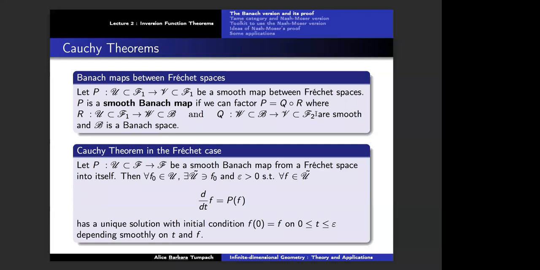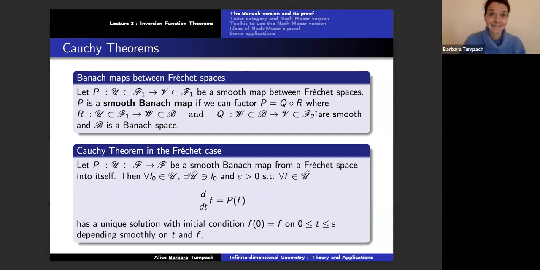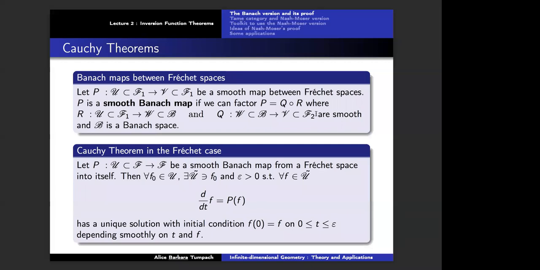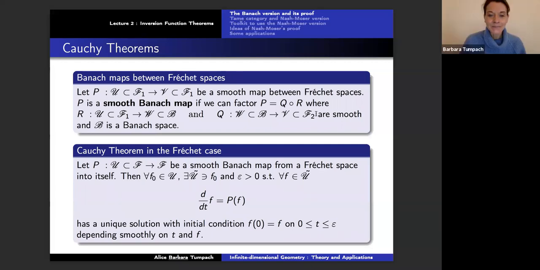Can I always find a map and a Banach space that I can insert between them, or are there some conditions on the Fréchet spaces? Yeah, I don't know.